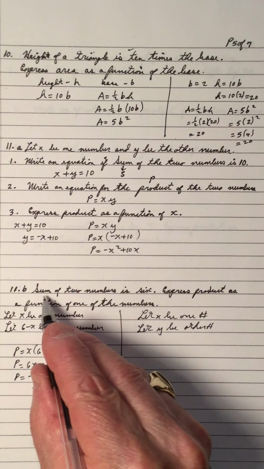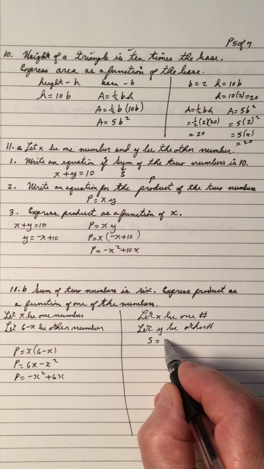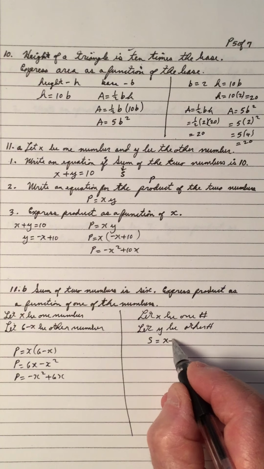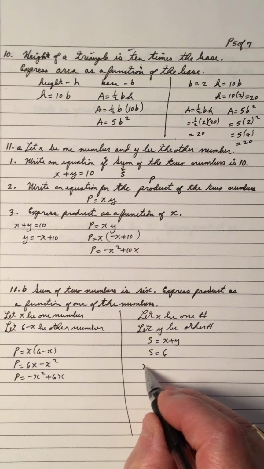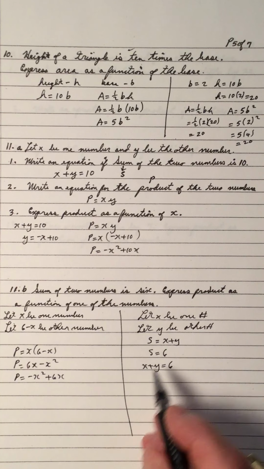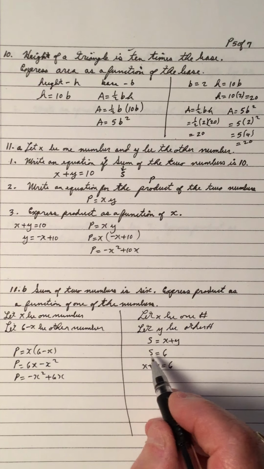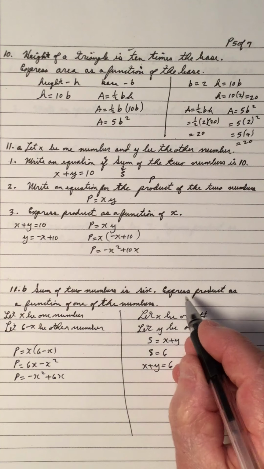What happens? The sum of the two numbers is 6. So the sum is x plus y. The sum is equal to 6. Therefore, x plus y is 6, which makes sense. Sum is add. So the two numbers add up to give you 6.